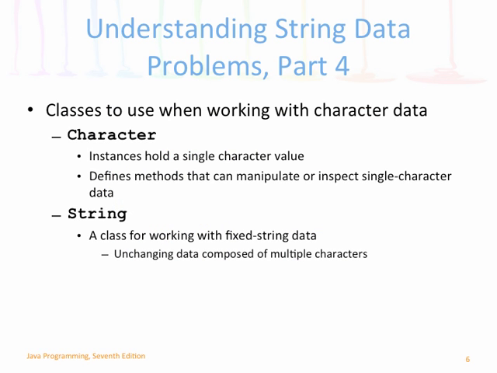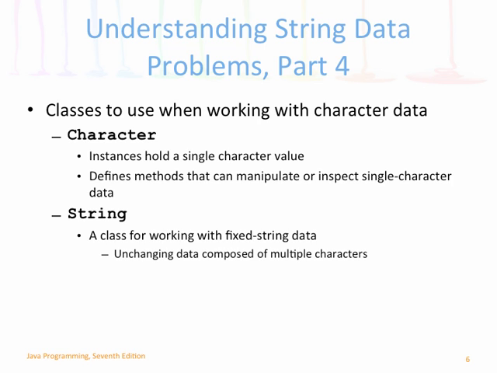Classes to use when working with character data. The character class holds an instance of a single character value. It's much like the integer wrapper class or the double wrapper class. And the character class also has some methods that can act on and manipulate that single character value. A string is more than one character.